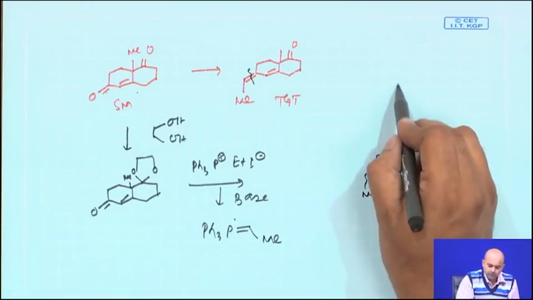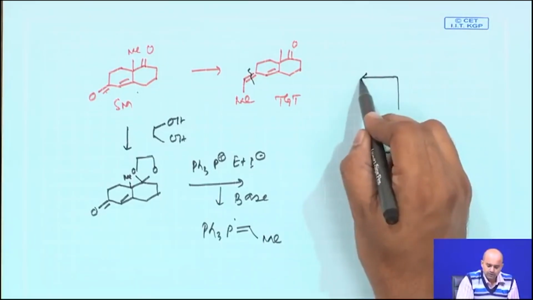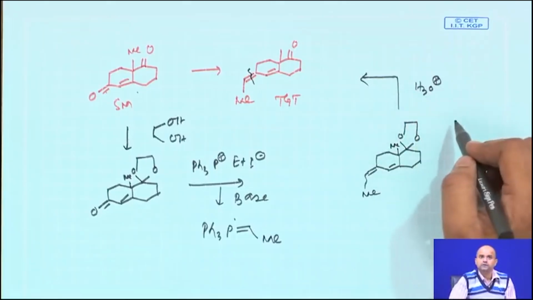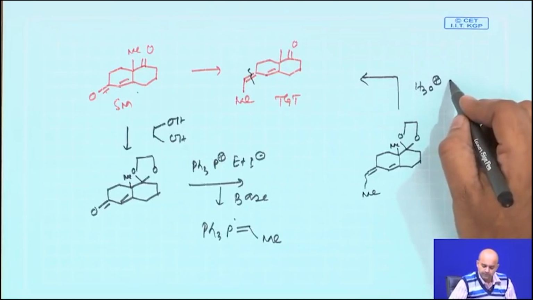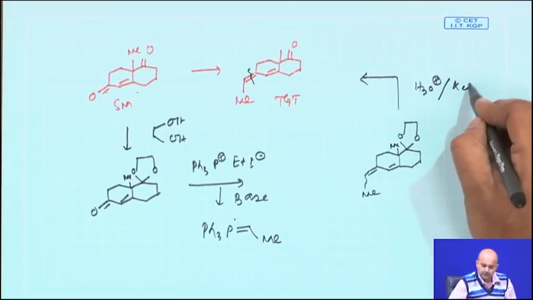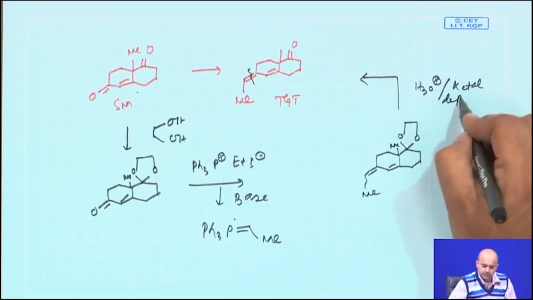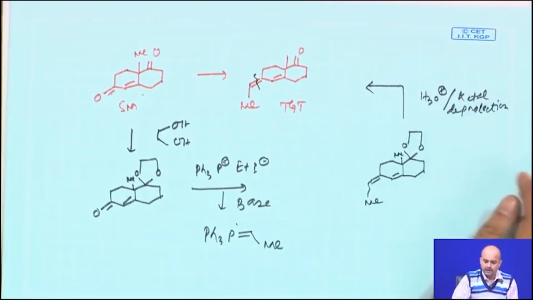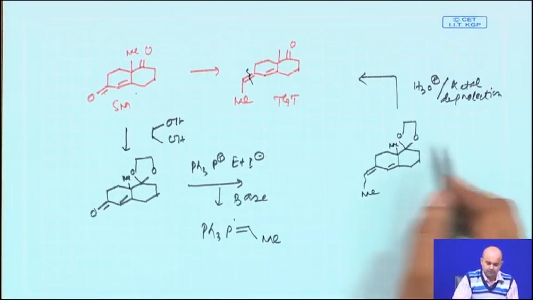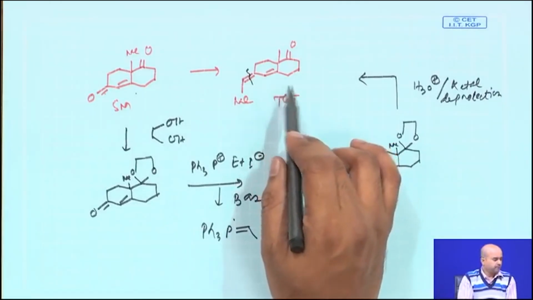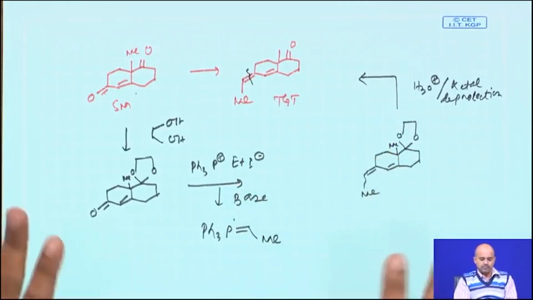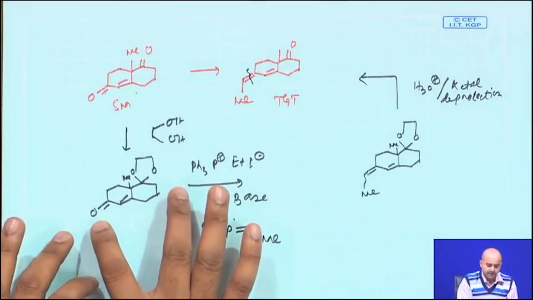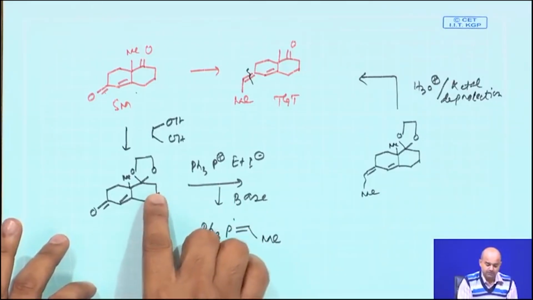Now, you need to deblock the ketal. You just react with H3O+ acidic workup, which will remove the ketal. So, the ketal group is now deprotected, and you end up with the final target molecule. The only thing is the two carbonyl groups have a rate difference for the initial protection.